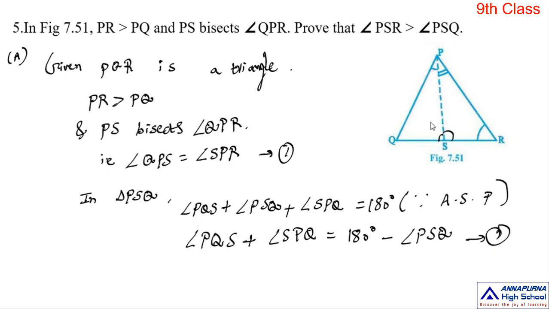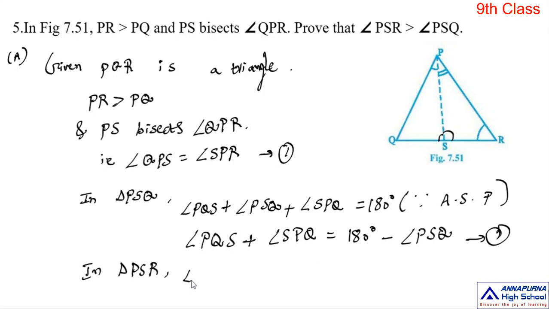See the figure, in triangle PSR, again by using the angle sum property in this triangle. The sum of all interior angles of a triangle is 180 degrees. In triangle PSR, the sum of all interior angles of a triangle is 180 degrees.